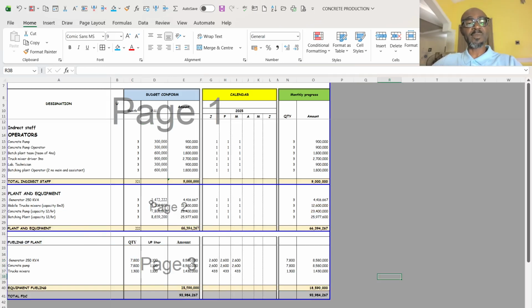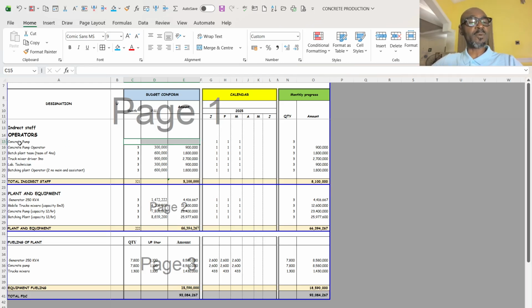These are the equipment and the operators that will operate the equipment for concrete alone. The indirect staff, we have the operator of concrete pump. I think I repeated it twice here, so I can take this one out.